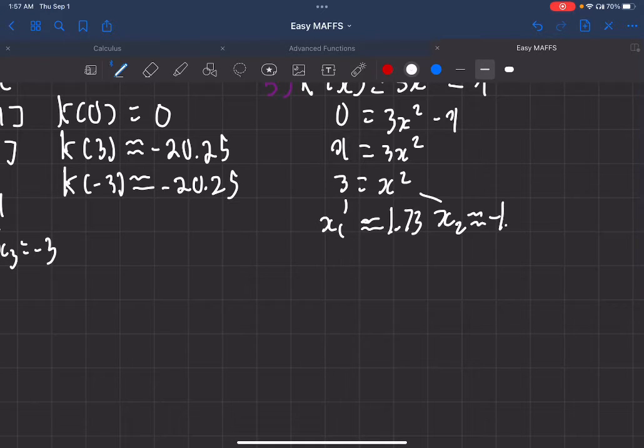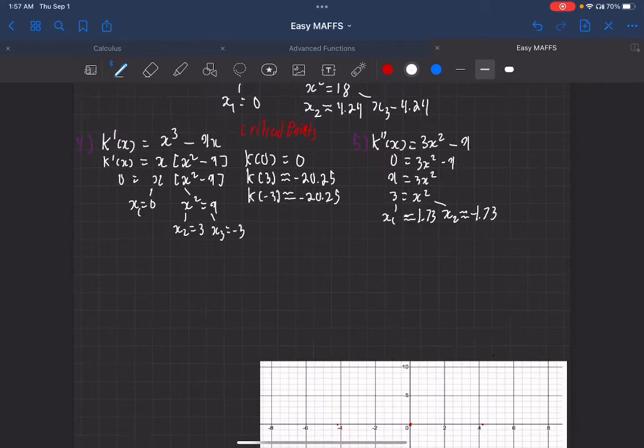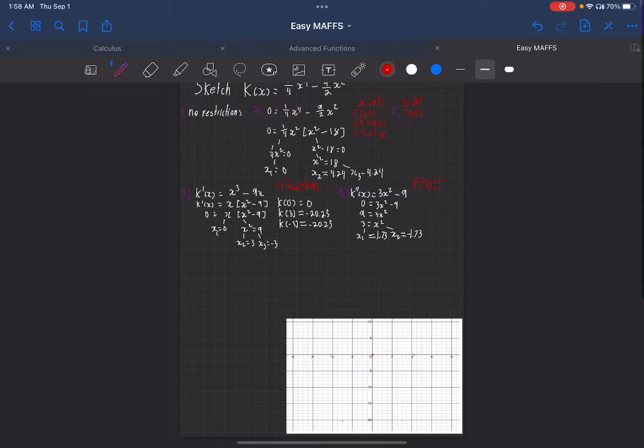So negative 1.73. And these are our possible points of inflection. They are not guaranteed to be points of inflection, but already from what I know about this function, I'm pretty certain that they are. But for the sake of it, we're going to do our table of values.